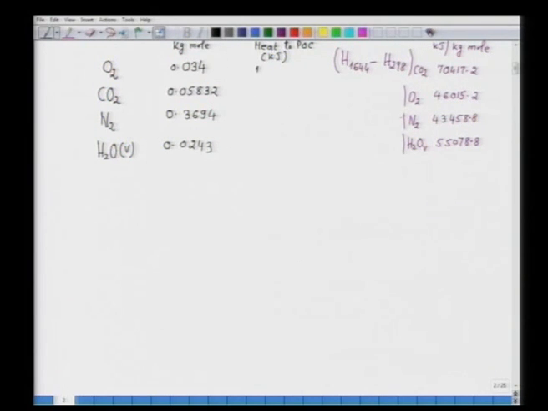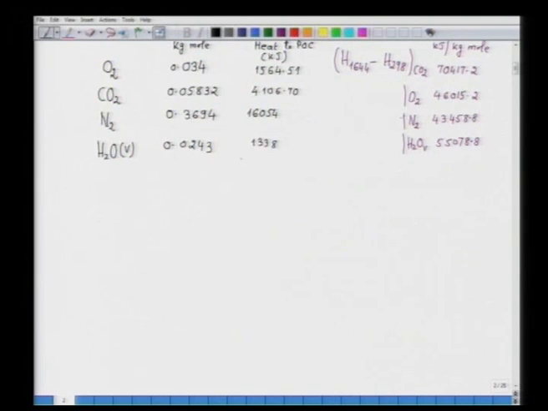I am getting here for oxygen 1564.51, for CO2 it is 4106.70, for nitrogen 16054, and for H2O vapor it is 1338.